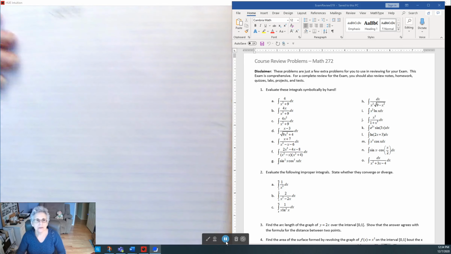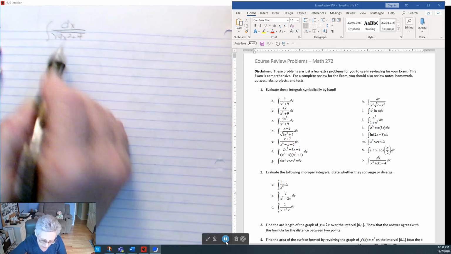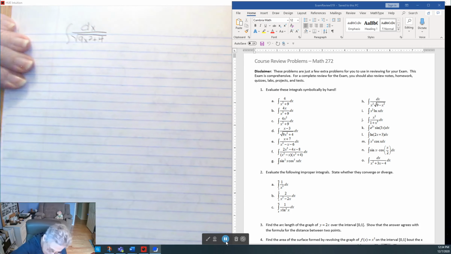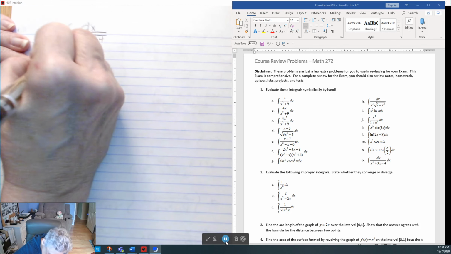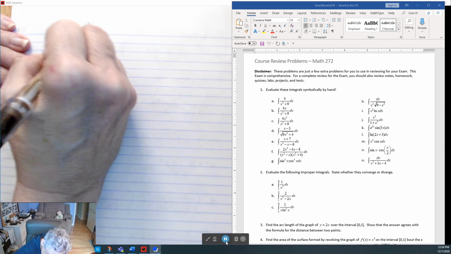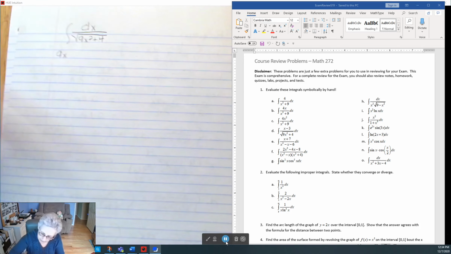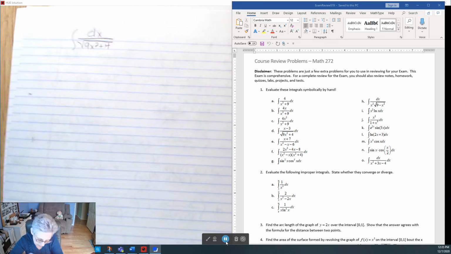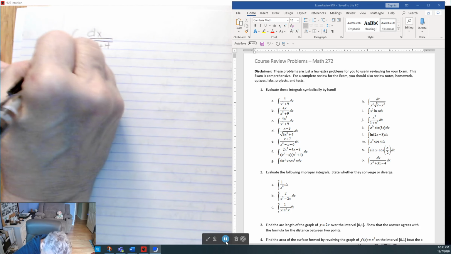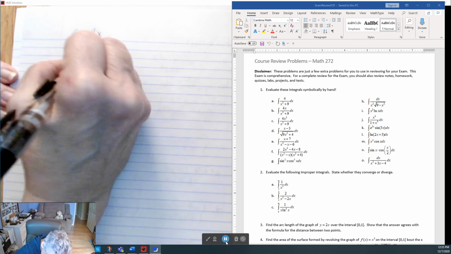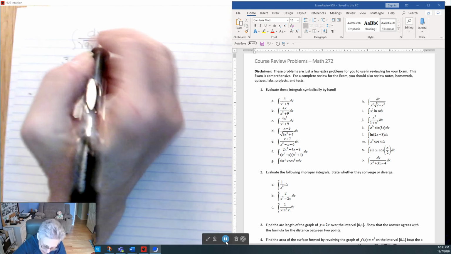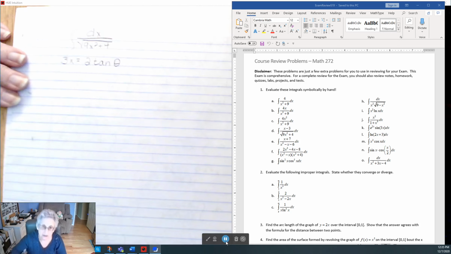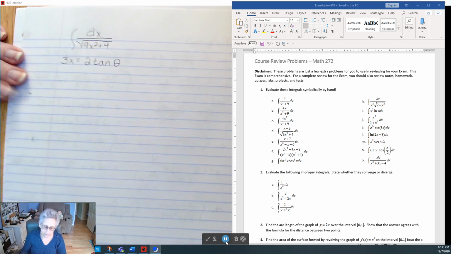Turn the page over and I wrote down just the part that needs the trigonometric substitution. So 9x, actually 3x because it's the square root of 9, needs to be equal to 2, and we have a plus sign here, times the tangent of theta.